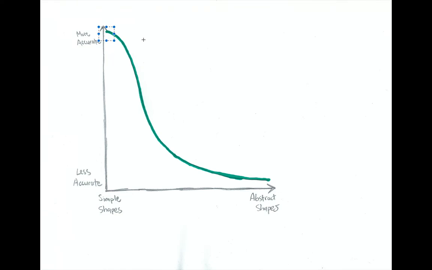And then as you get closer to an abstract shape, there's a point where it drops significantly, right? This middle area, it actually drops pretty quickly where your proportions don't have to be as accurate. And then the closer you get to abstract, the less accurate it needs to be, right?